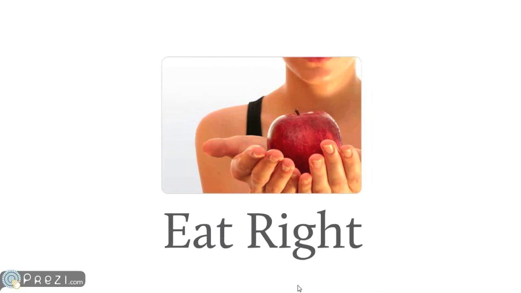So, in order to expand our stress container, to get ourselves into a healthy place, 1, we need to eat right. We need to eat healthy foods. Stress burns off tons of calories and vitamins and nutrients. Those calories, vitamins, and nutrients need to be replaced. And eating right is going to replace them in the right way.